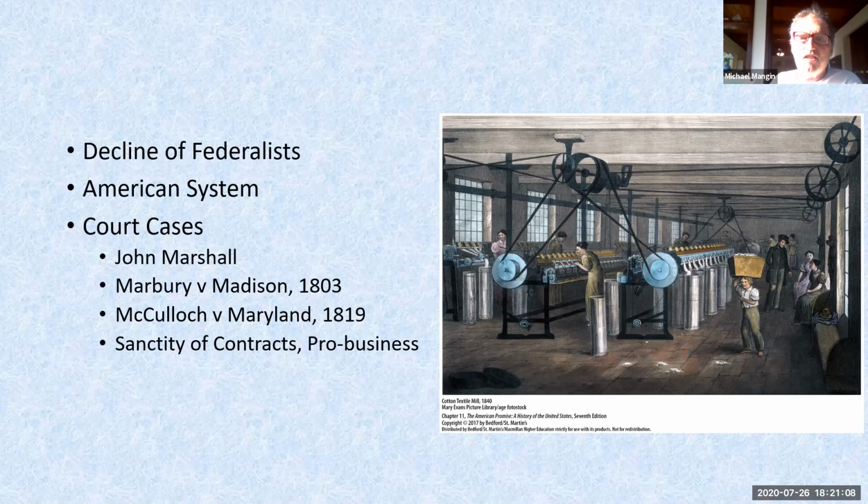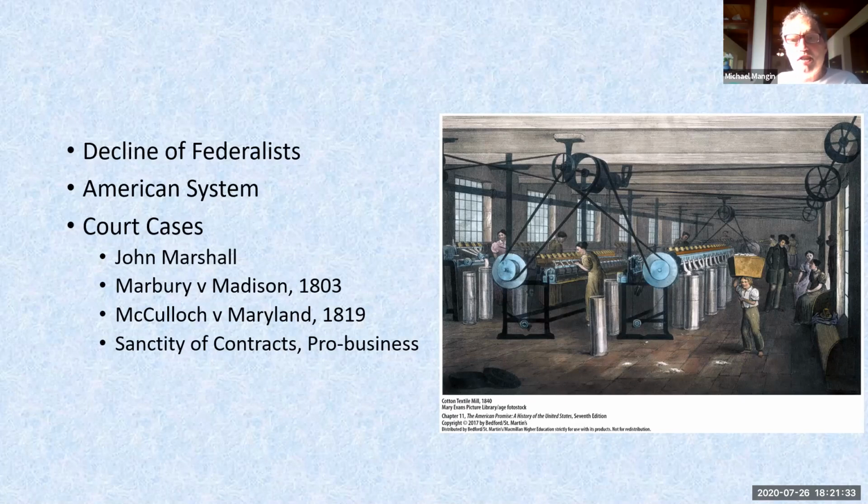The court case of McCulloch versus Maryland was a pro-federal government kind of ruling. Maryland had passed a law that taxed the Bank of the United States. And in this court case, the Supreme Court ruled that Maryland had no such power.